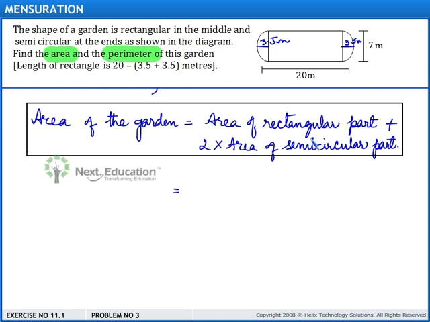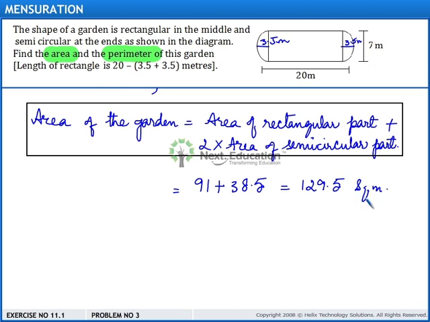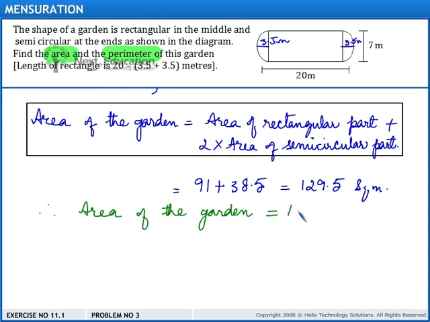And we already found out the area of the rectangular part and area of the semicircular part. Now here we have area of the garden is equal to 91 plus 38.5, which is equal to 129.5 square meters. So this is the area of the garden. So we write here area of the garden is equal to 129.5 square meters.